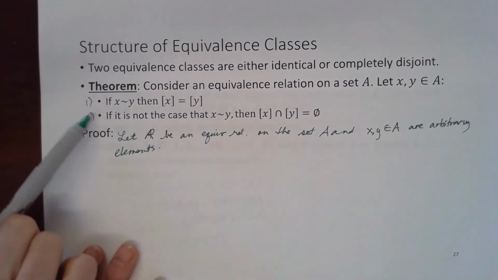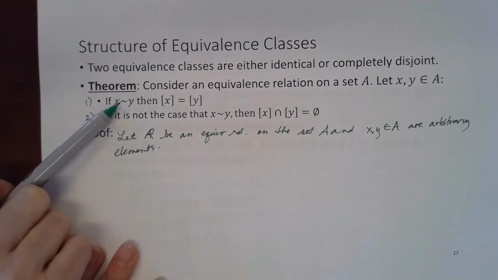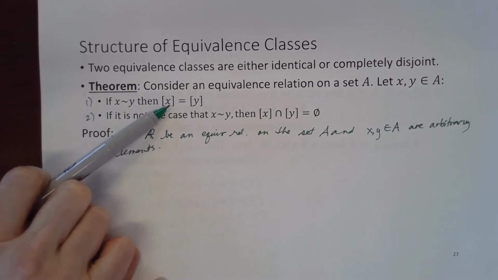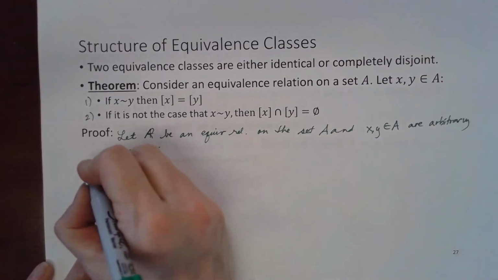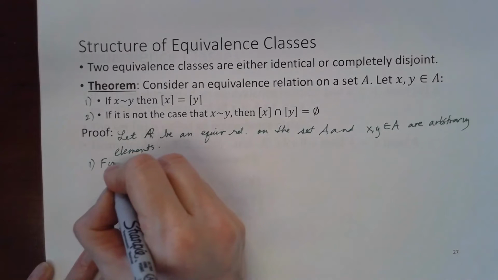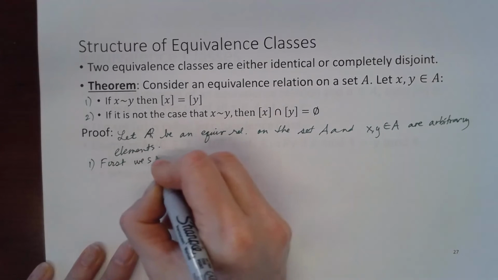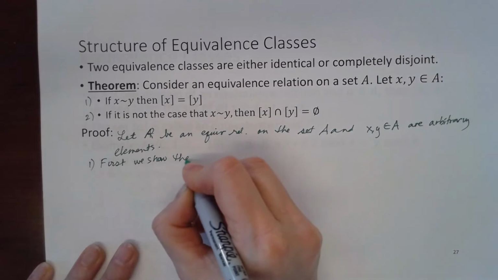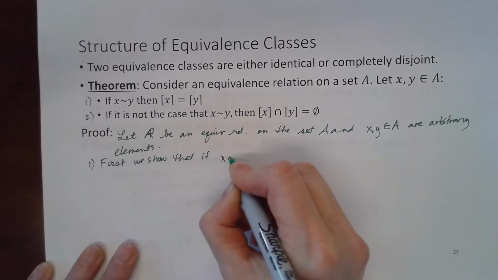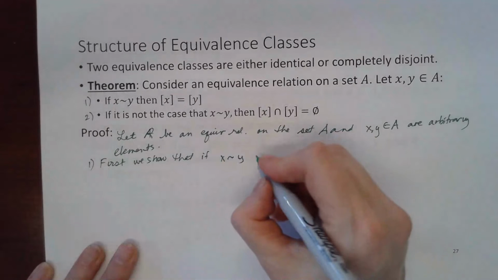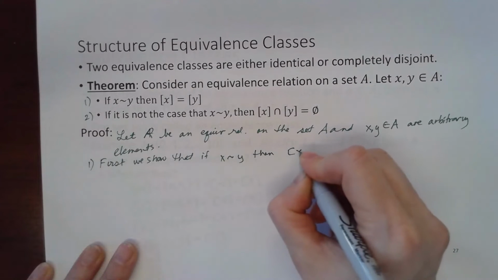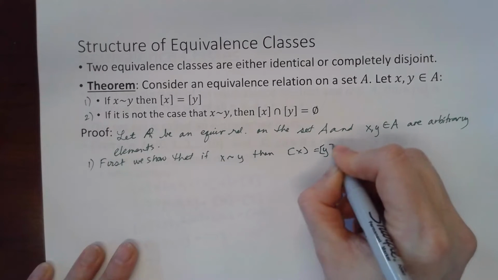The first thing we want to prove is that if x and y are related, then their equivalence classes are exactly the same thing. So first we show that if x is related to y, then the equivalence classes are the same.